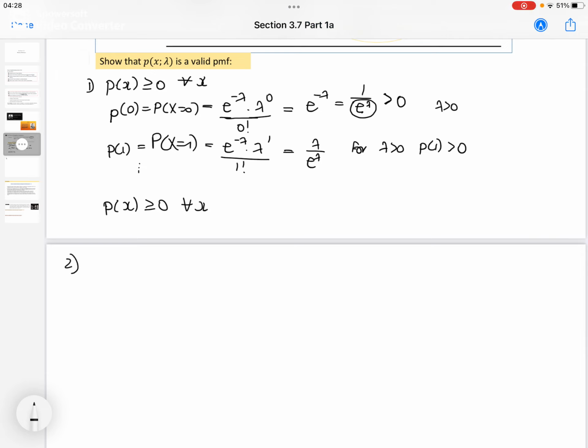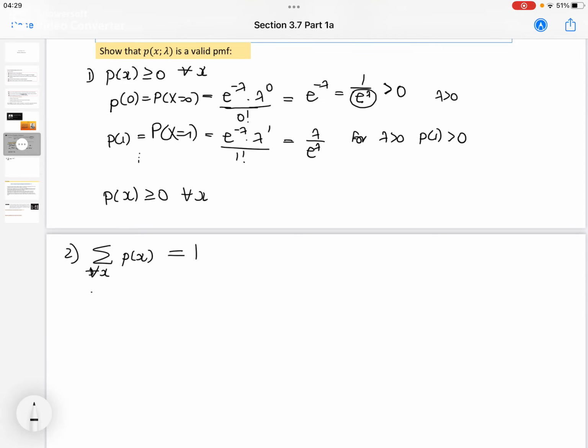The second requirement for a valid PMF is that the sum of all the probabilities for all possible values of x must be equal to 1. That is what we need to prove. All right, so we will start with writing out the summation. So we're summing e to the power negative lambda times lambda to the power x divided by x factorial, and we're summing from x equal to 0 to infinity.